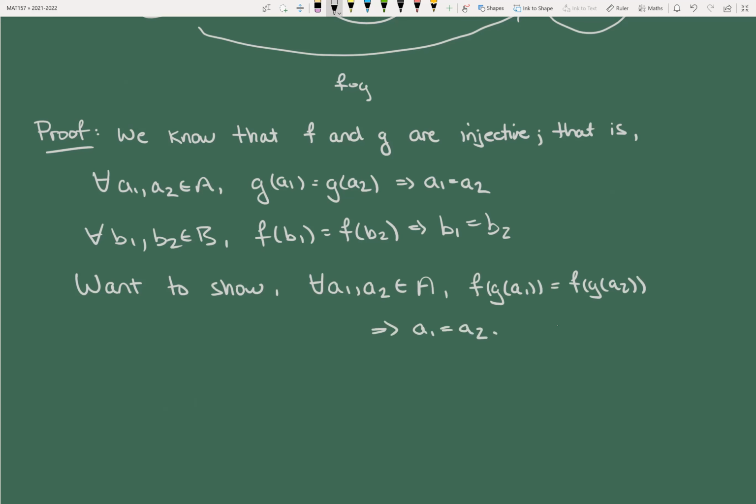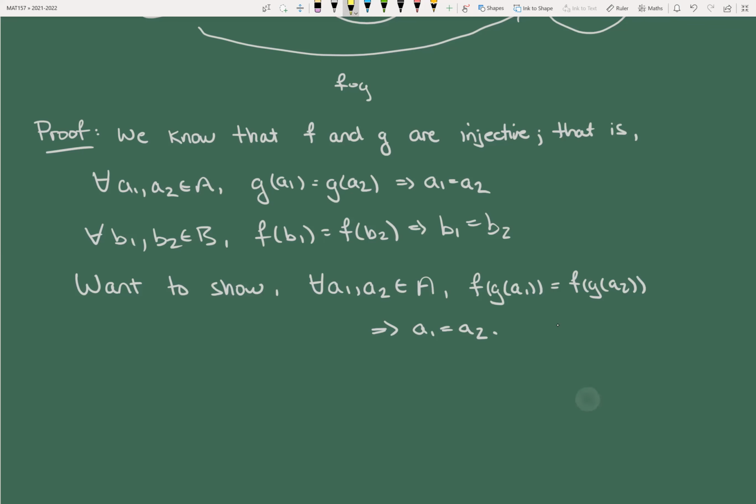And again, I think that step is critically important. I think a lot of people start to try and prove injectivity in this case without first writing that down. And they're like, wait a second, what is even the domain of F composed G? Oh, it's A. So that's actually what I have to assume is true: that F of G of A1 is equal to F of G of A2, and then prove that A1 is equal to A2, right?